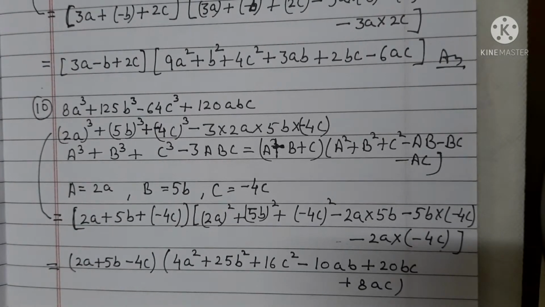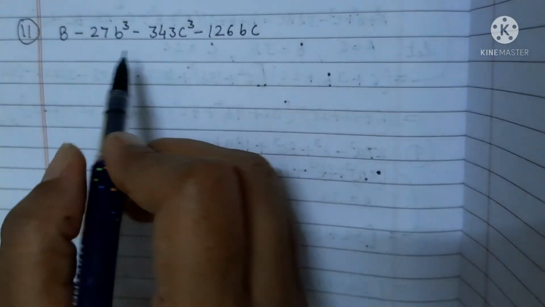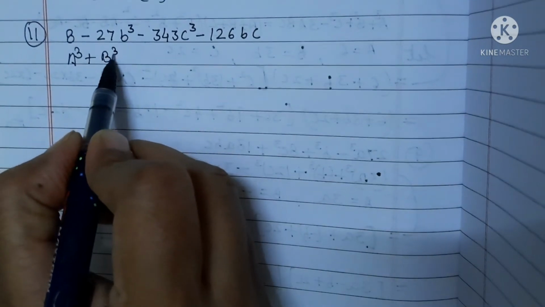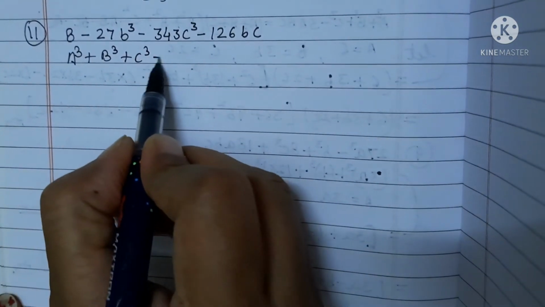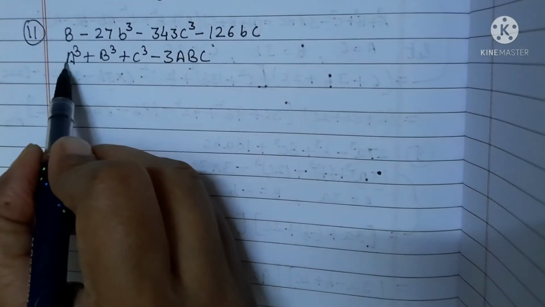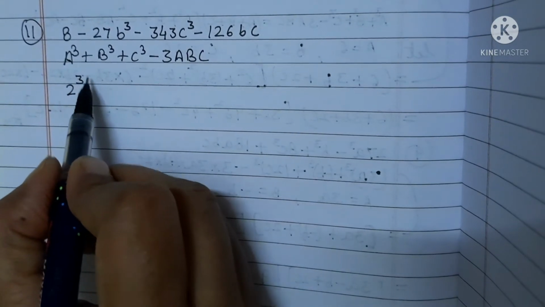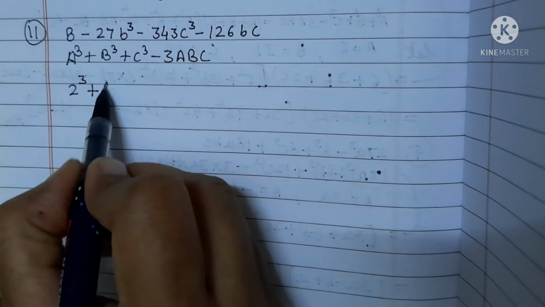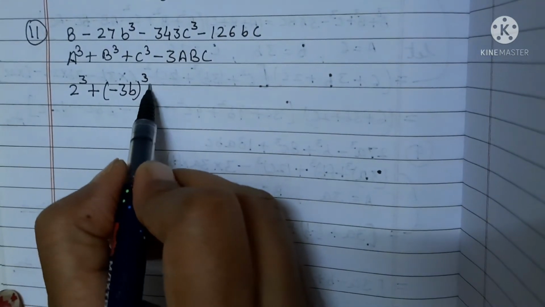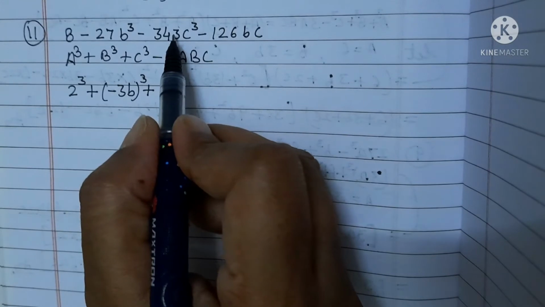Next question 11. Now question number 11. First you convert in the form of a cube plus b cube plus c cube minus 3abc. Here 2 cube plus minus 3b cube plus 343, you can write 7 cube.